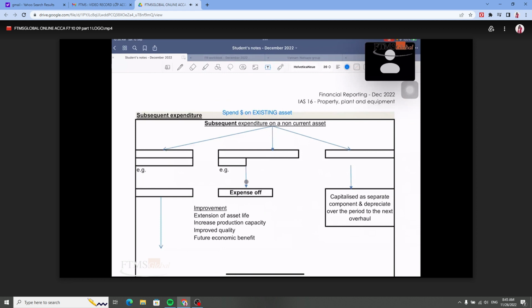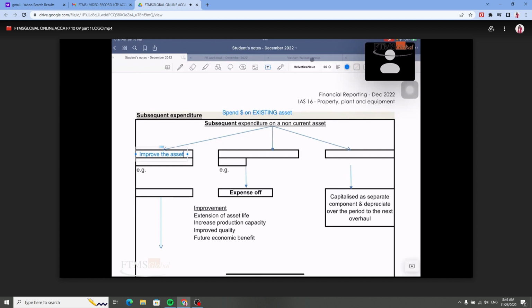Okay, then also very simple. We try to use logic to work this through. If I spend money on an existing asset, two things can happen. The first is that after spending money on the asset, the asset improves.